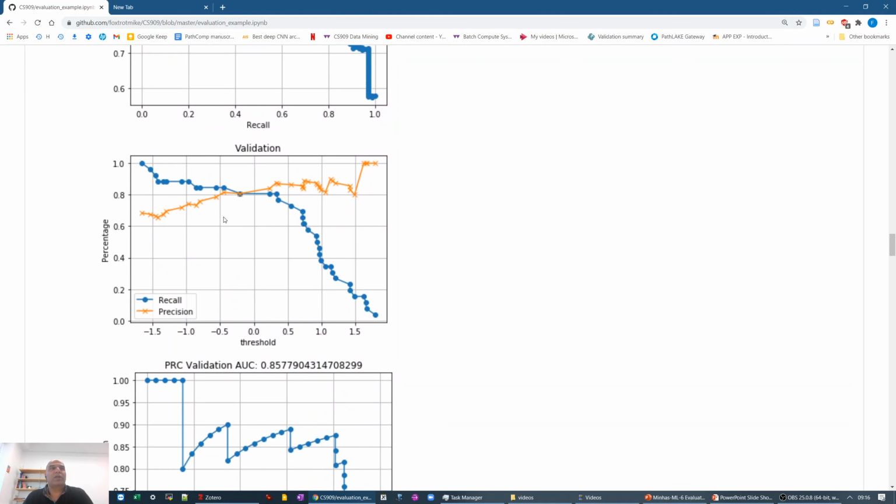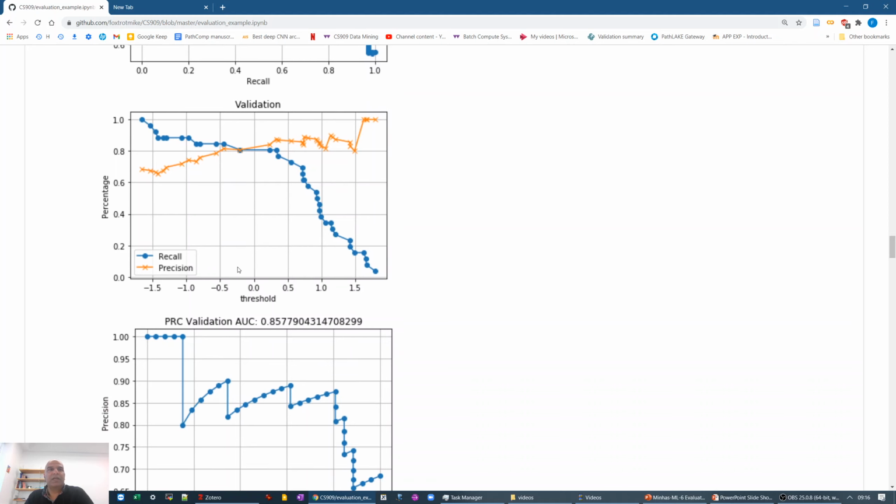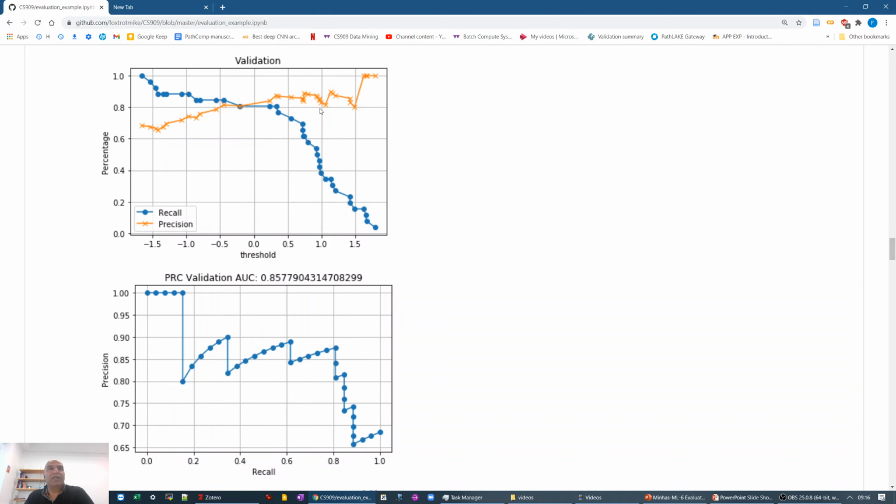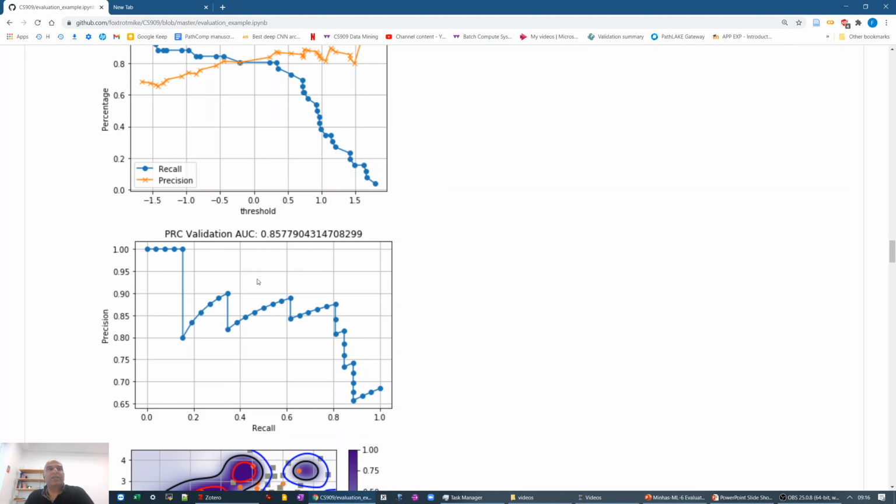We can also plot the PR curve and the precision versus threshold and recall versus threshold curves for the validation set, and we can see that these curves look like this. Then I can plot one versus the other. So this is the PR curve, and we can calculate the area under this curve, which comes out to be 0.86.